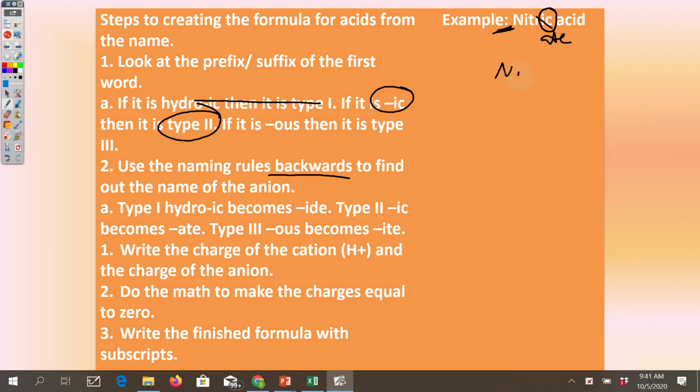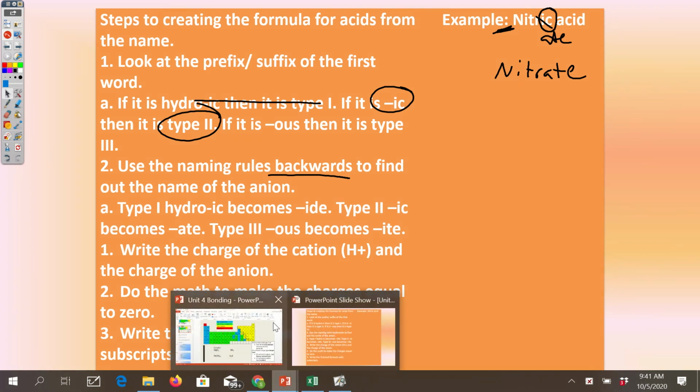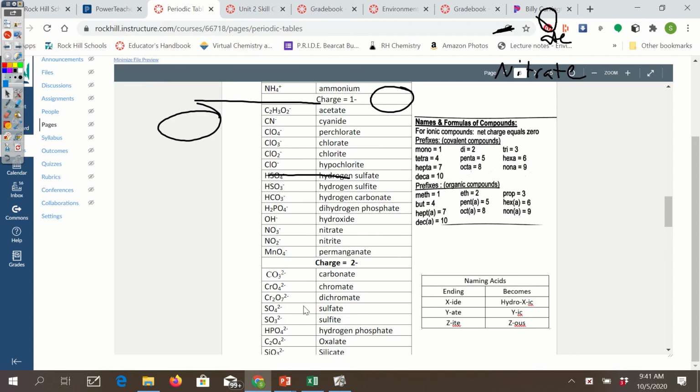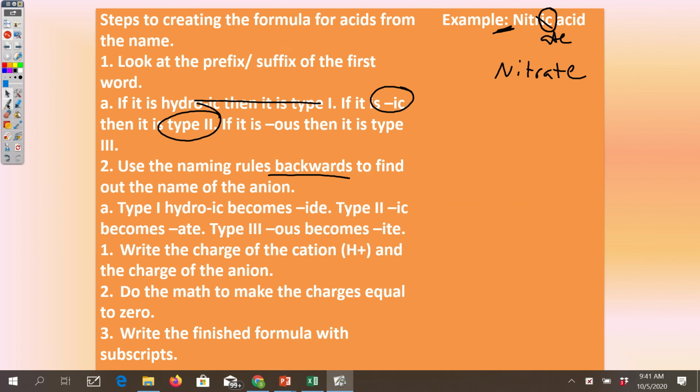So we know it is nitrate. We can look up what nitrate is. Here we go: NO3 with a -1 charge.